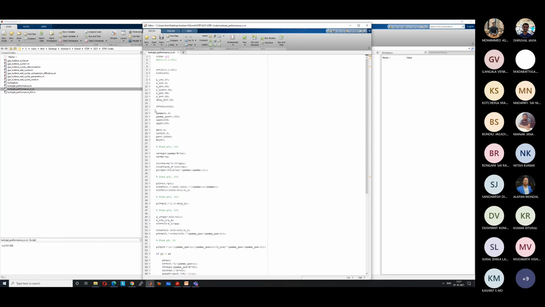Similar to our problem, calorific value I have taken as 43,100 kilojoule per kg. Gamma of air I have taken 1.4, gamma of gas 1.333, Cp of air 1005 joule per kg Kelvin, and Cp of gas 1148 joule per kg Kelvin.